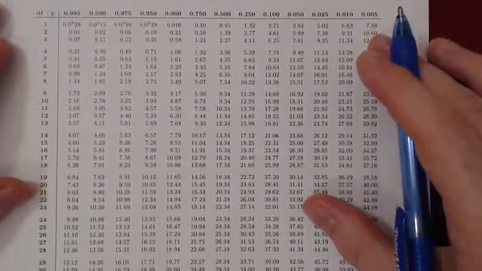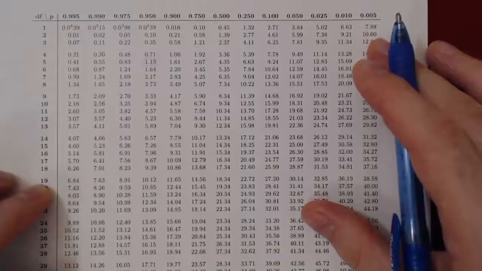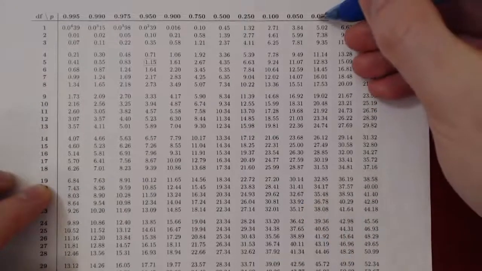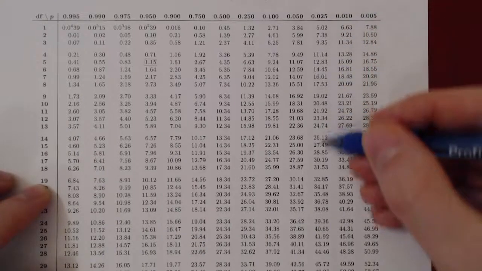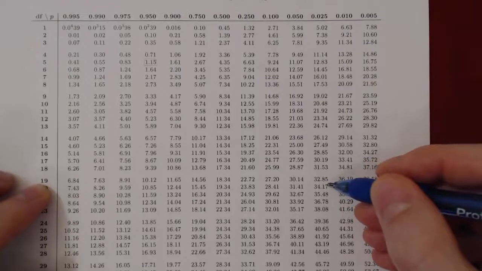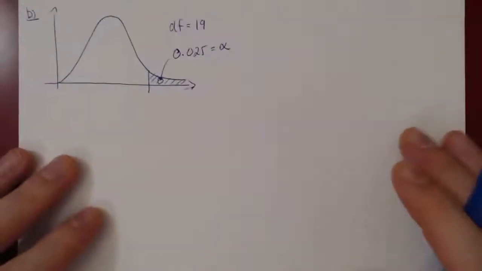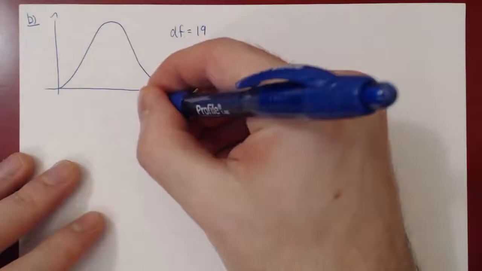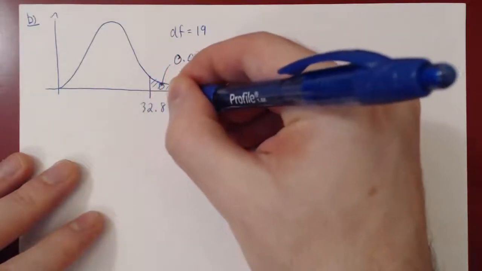So let's see. 19 degrees of freedom is here. 0.025 is 2.5%. And we find a chi-squared value of 32.85.